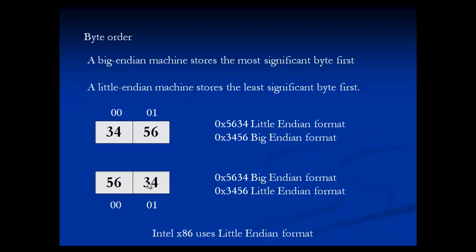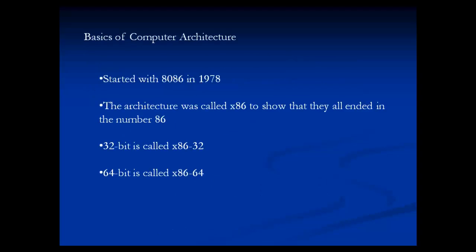We have just reversed the previous example. In this case, little endian format will become 0x34 56 and big endian format will become 0x56 34. In our examples, we are using the Intel x86 architecture, so we use little endian format throughout the examples.